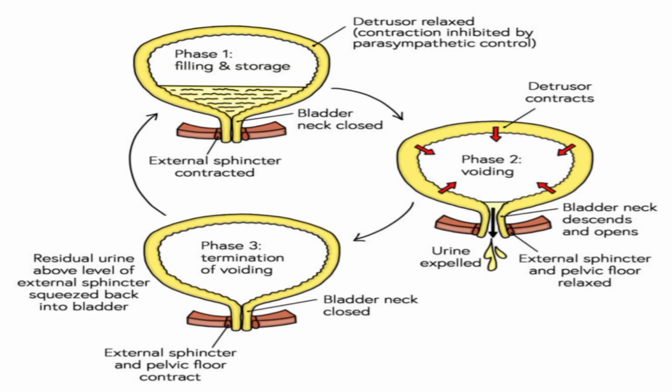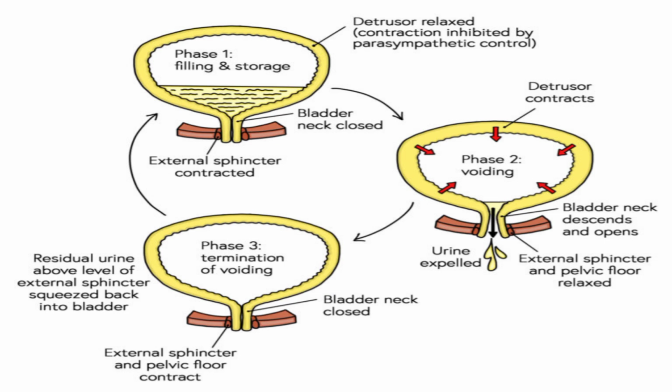As you can clearly see, this picture is showing the phases of storage and voiding. For phase 1, filling and storage, the bladder neck is closed, the external sphincter is contracted, the detrusor muscle is relaxed, and contraction of the detrusor is inhibited by sympathetic control.